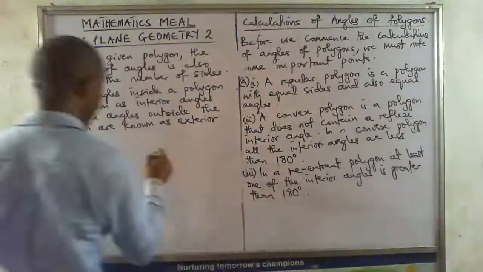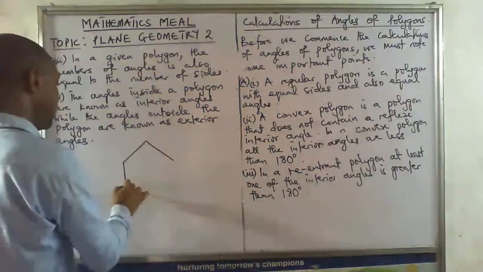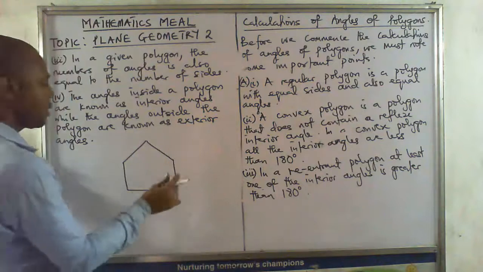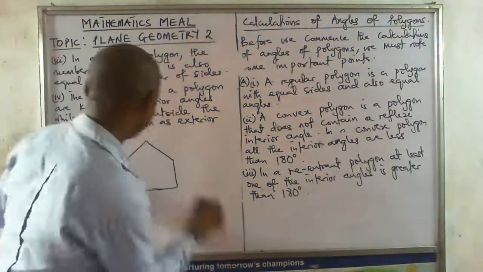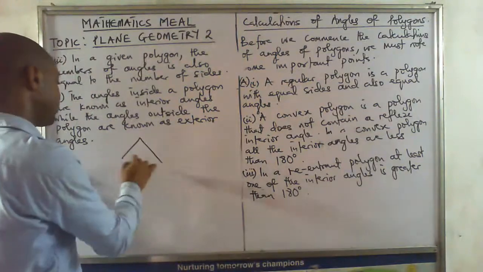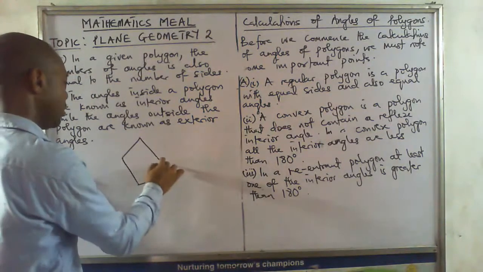So let's say I have this pentagon, a 5-sided polygon, maybe regular or irregular. Let me put it in another way. This one looks like a house, but let me draw it differently.